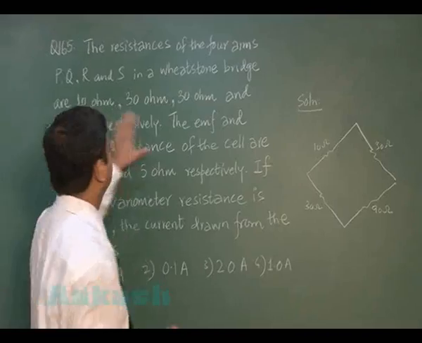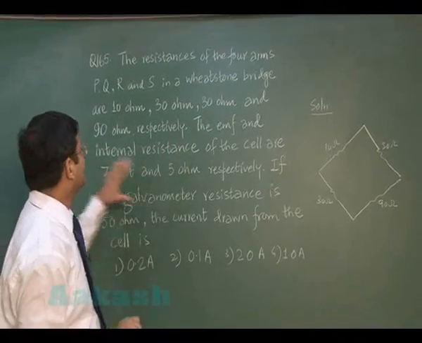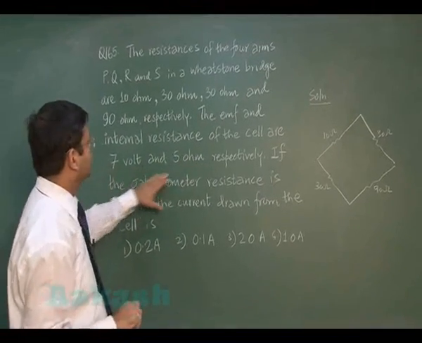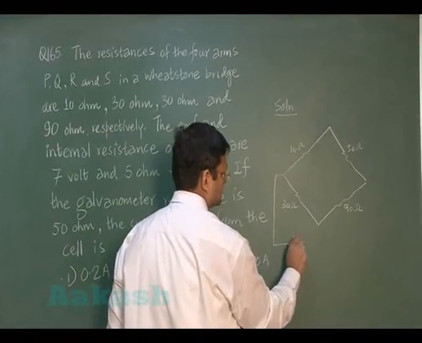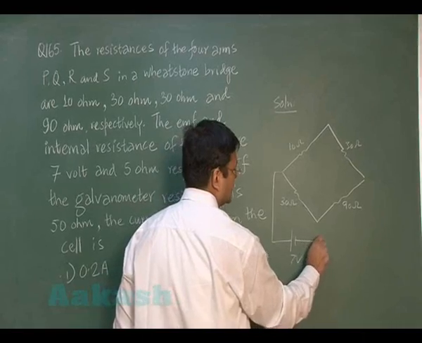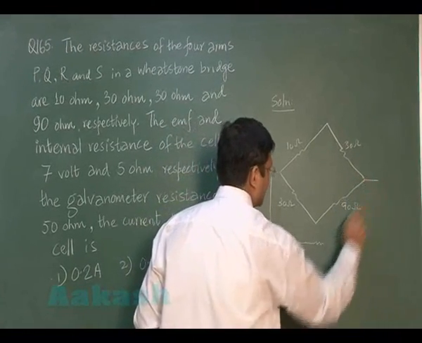The EMF and internal resistance of this cell are 7 volt and 5 ohm. So the EMF is connected here. This is 7 volt and the internal resistance has been given to be 5 ohm.